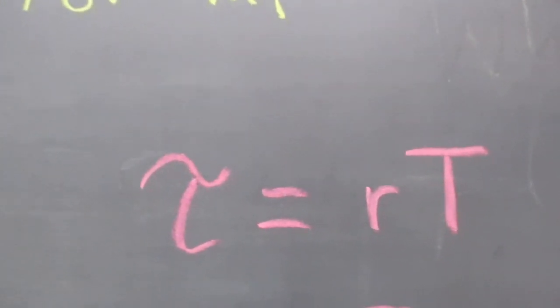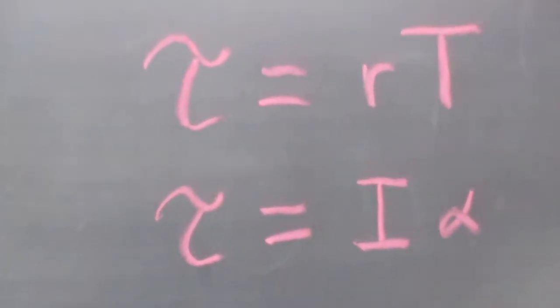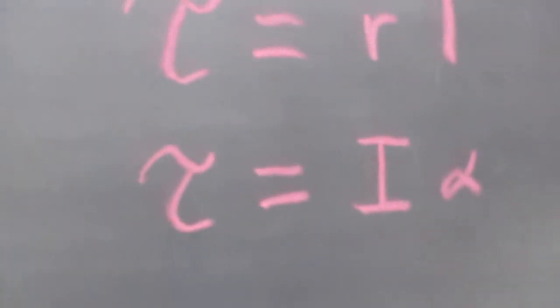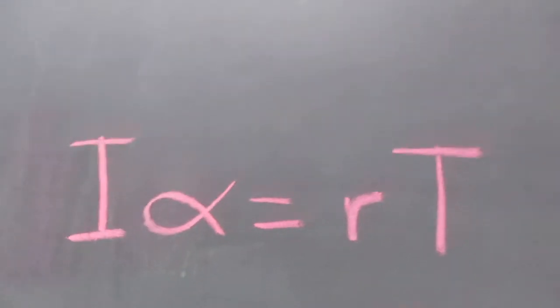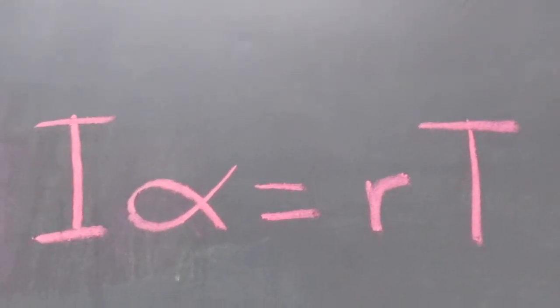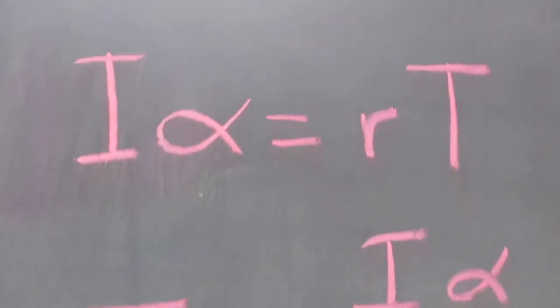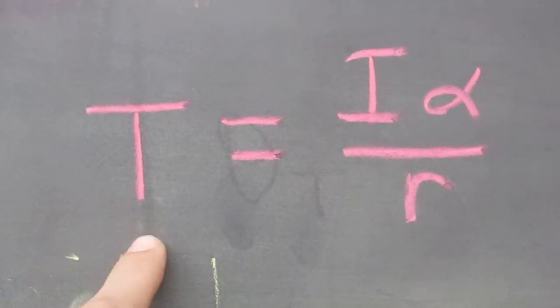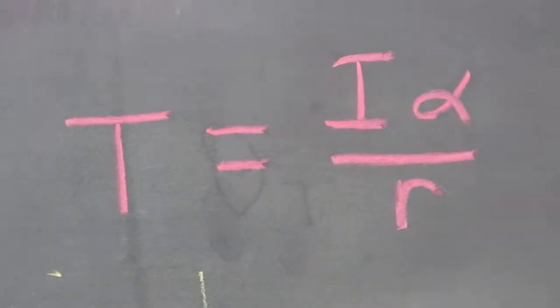And now we can use Newton's second law for rotation to relate these two. Torque equals I alpha. So we'll just equate it. So we have I alpha equals radius times tension. And we're going to solve that for tension. So tension equals I alpha over R.